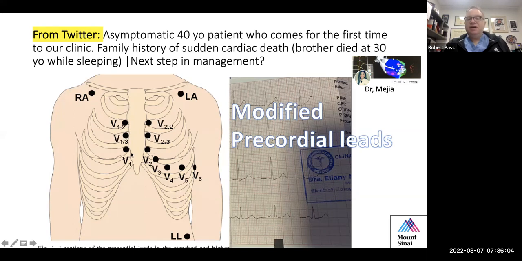So the first step, before doing a procainamide challenge, would be to do higher V1 and V2 leads, so-called modified precordial leads, to see if you have a more obvious Brugada pattern. But yes, we would do that.